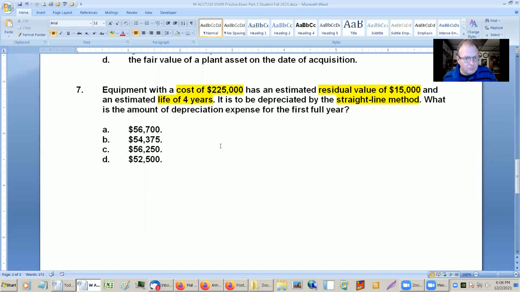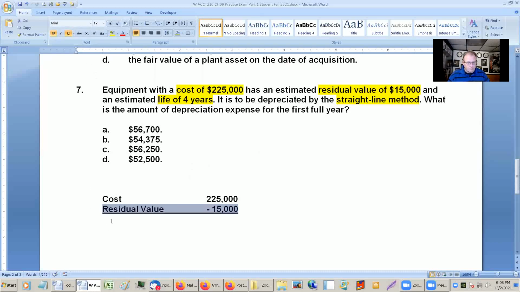I got D. I guess I gotta work it out. All right, we have a cost of 25,000 minus the residual value, $210.